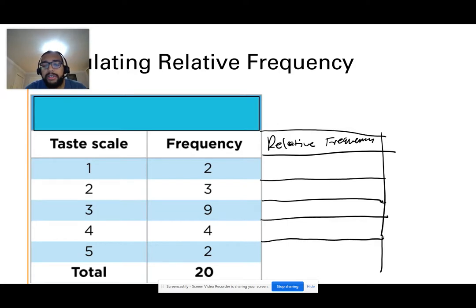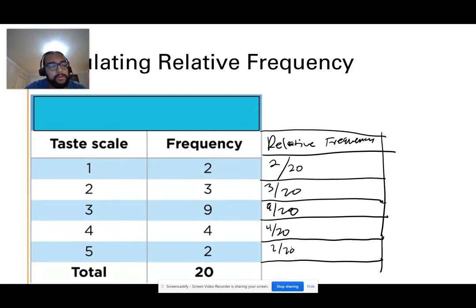It's a percentage of whatever category compared to the rest. So to find relative frequency, we're just going to take each frequency count and divide it by the total: 9 over 20, 4 over 20, and then 2 over 20.